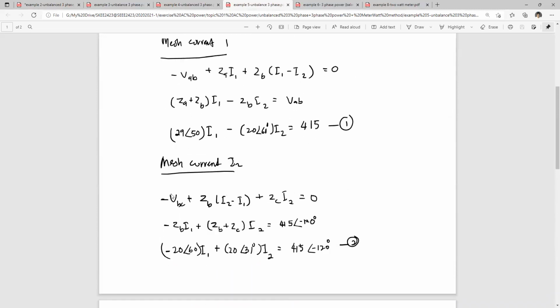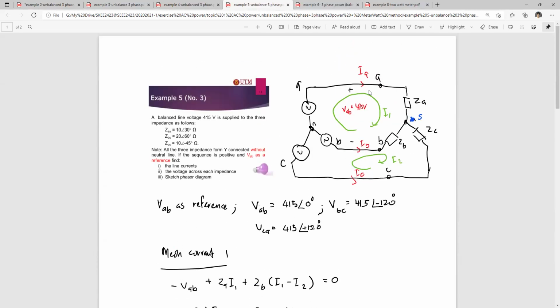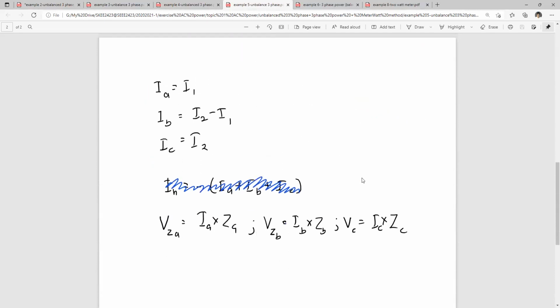We know that IA is straightforwardly equal to I1, while IB is equal to I2 minus I1, while IC is negative I2. Sorry, this one is actually negative I2.